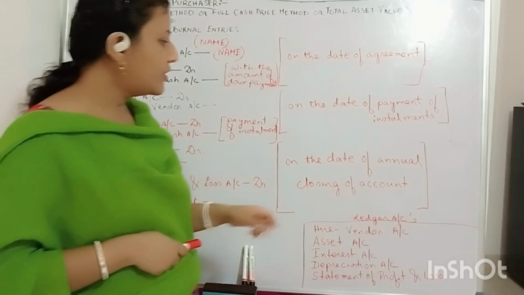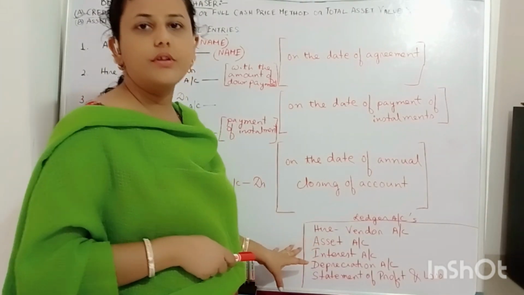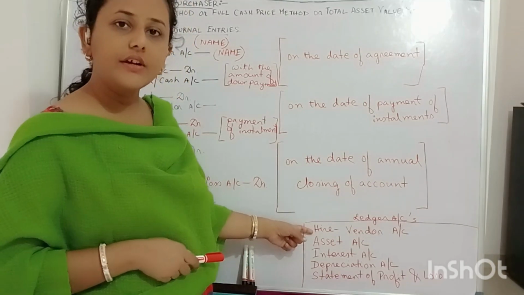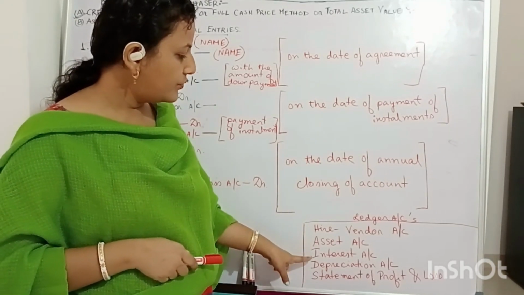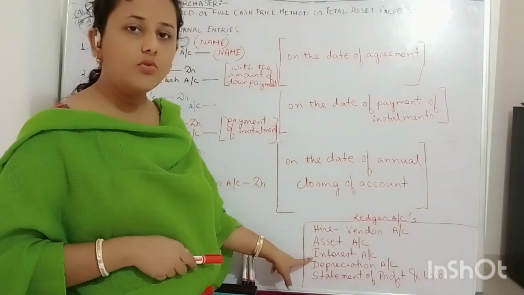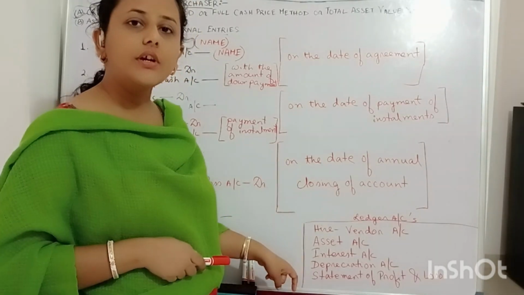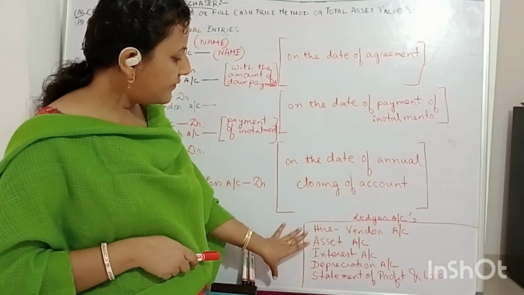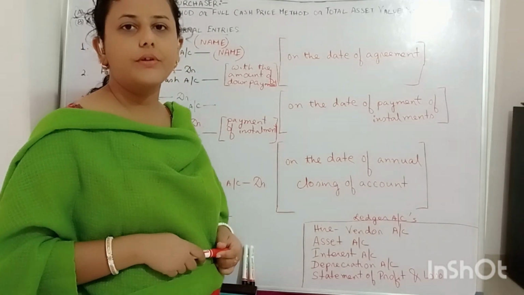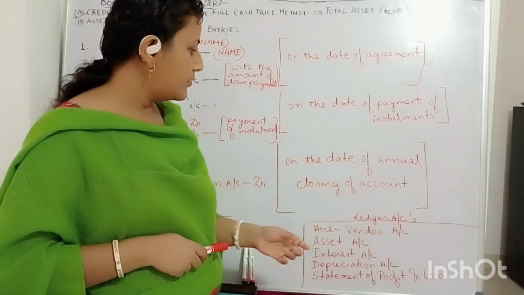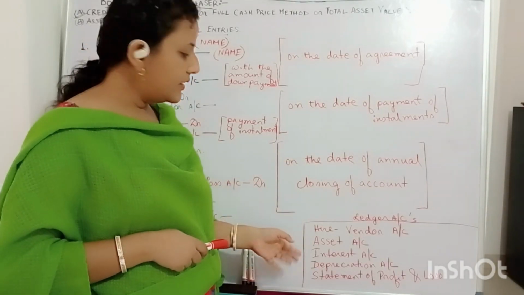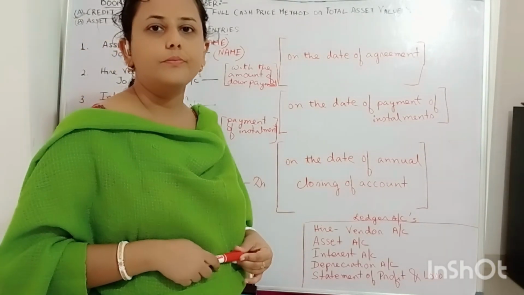Now you see what are the ledger accounts to be prepared under hire purchase system. So it is hire vendor account, asset account, then interest account, then depreciation account, and statement of profit and loss. These are the 5 accounts you have to prepare in the books of hire purchaser.